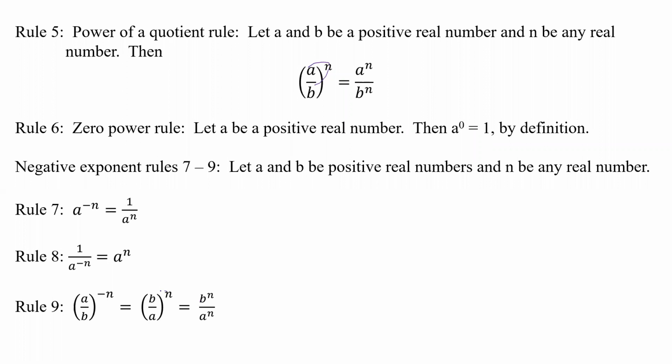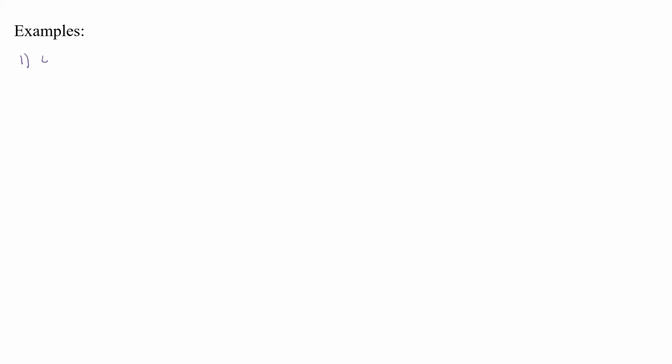Well, here we don't have like bases, but we know what 4 is. 4 really is just 2 squared, and then that's times 2 squared. So we have like bases, and we're going to add our powers, because when we multiply like bases, we just add powers. So it's going to be 2 plus 2, so that's 2 to the 4th.